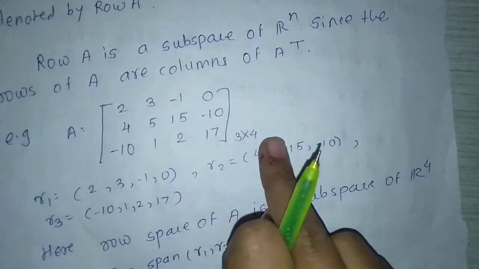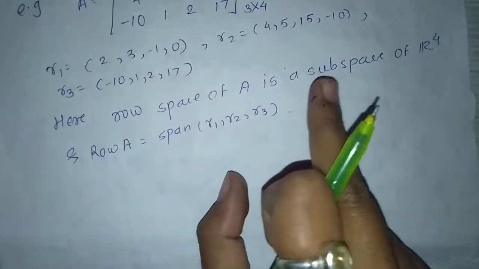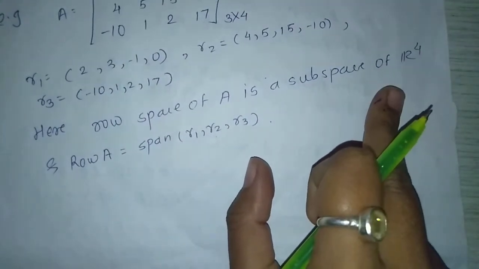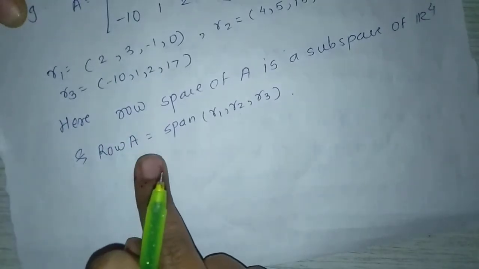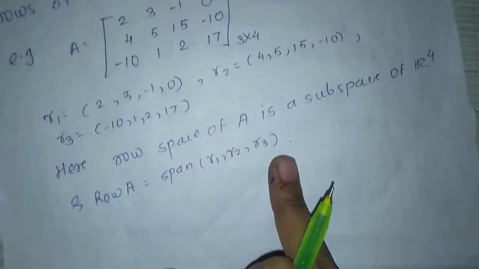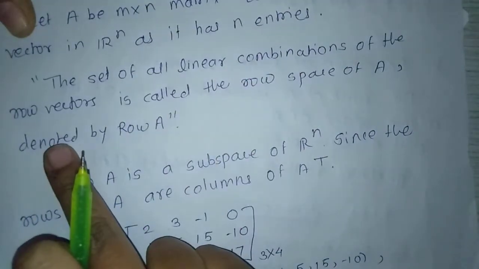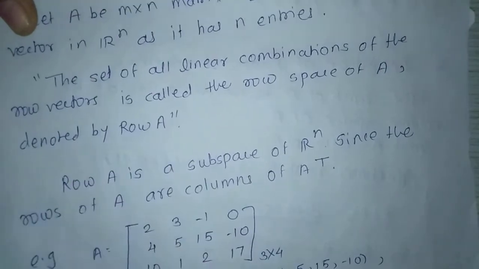Here we have a 3 by 4 matrix, meaning n equals 4. So row space of A is a subspace of R4, and row space of A equals span of R1, R2, R3, because the set of all linear combinations of the row vectors is nothing but the row space of A.